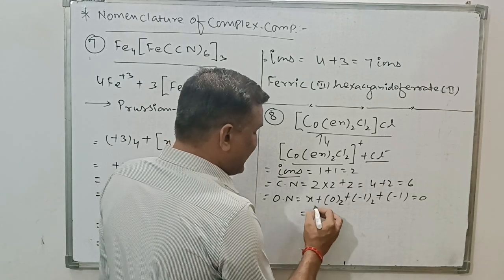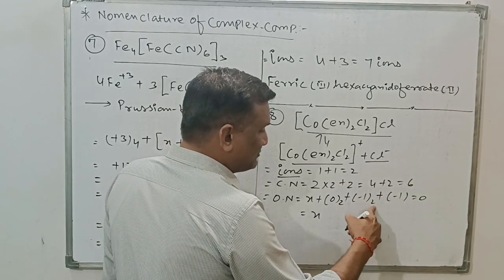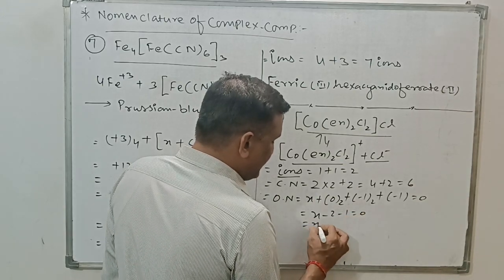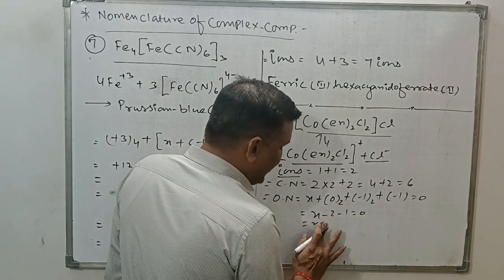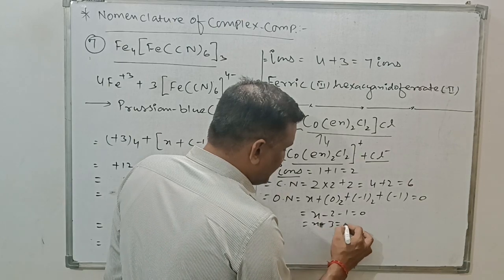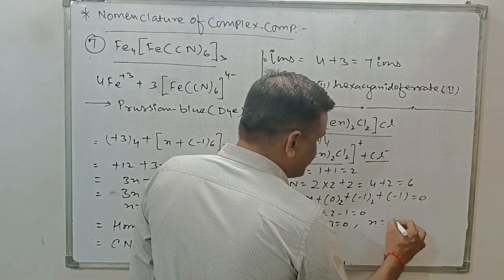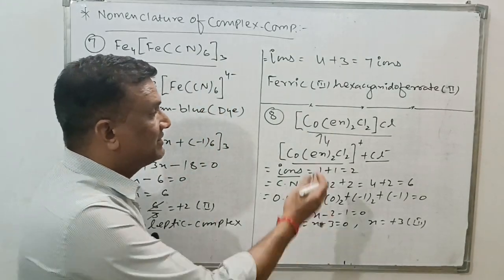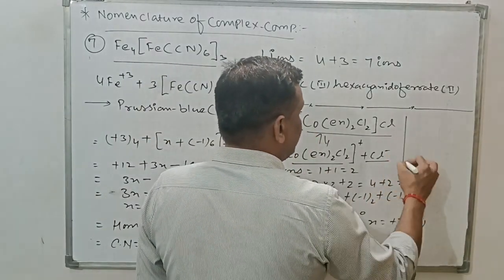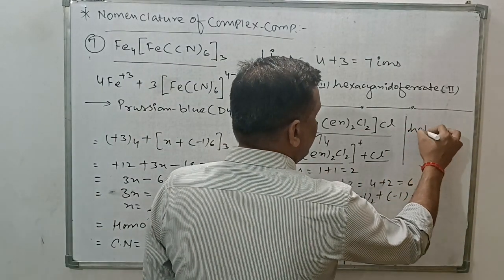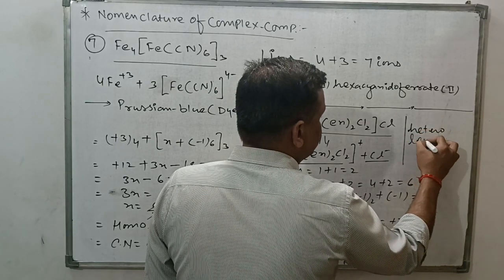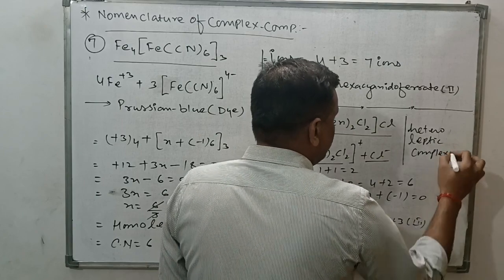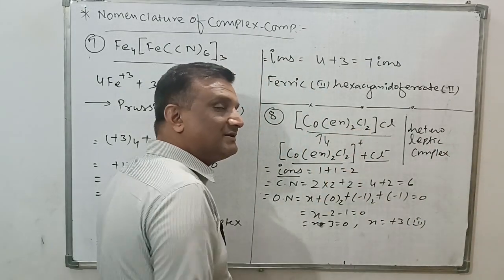So this is x, 0, minus 2 and minus 1. So x minus 3 equals 0, x equals plus 3, so the oxidation state will be third. If we go with the type of complex compound, this is a heteroleptic complex, because 2 types of ligands exist.